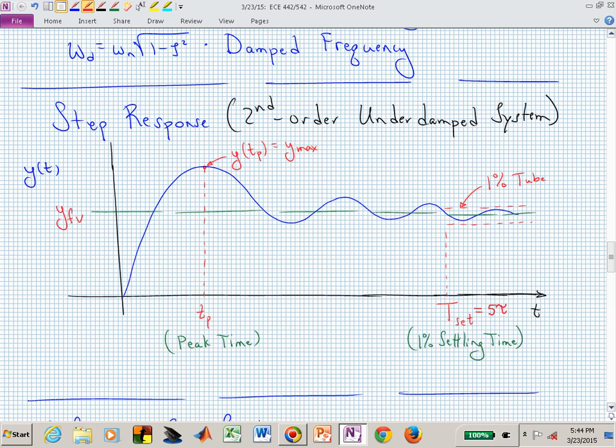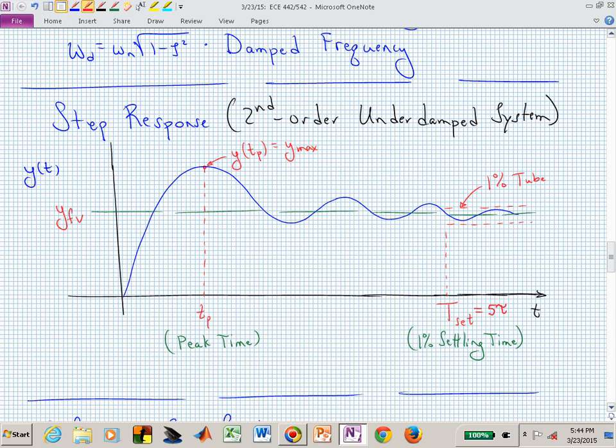The key things on this diagram are how big that peak is at the peak time. When we get to the peak time, that tells us how quick our system is. If our peak time is really short, then it doesn't take us very long to reach the first peak, and our system is fast. If we want a fast system response, we want T sub p to be small.